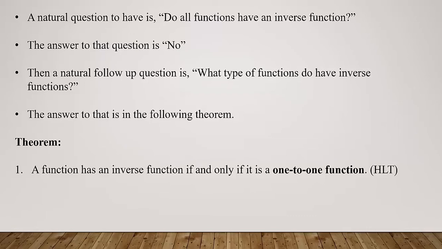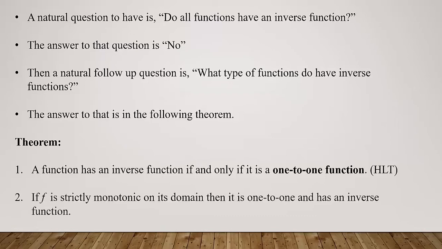If you can draw a horizontal line, and it only takes one, that intersects the graph in more than one point, then it is not a one-to-one function. And if it's not one-to-one, it doesn't have an inverse function. So you would have seen this back in college algebra.